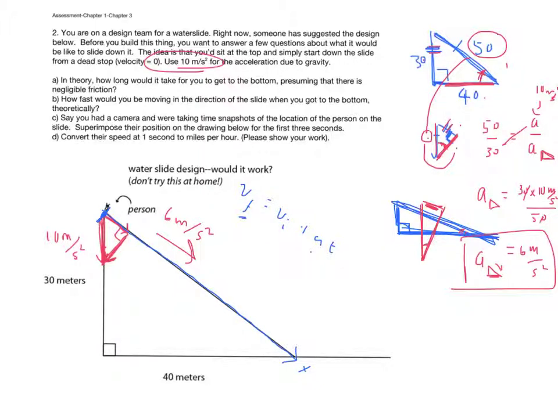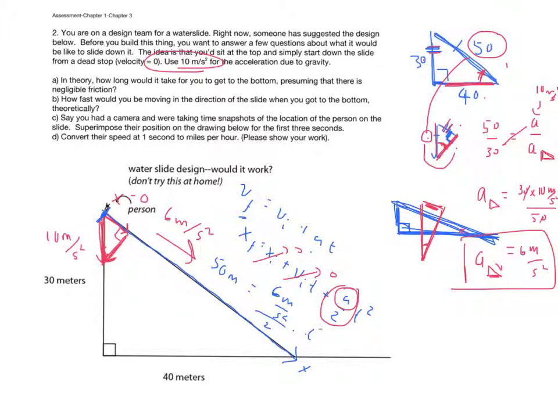We do know the distance, so x final equals x initial plus v initial t plus a over 2 t squared. The initial distance is 0, the initial velocity is 0, and the acceleration is 6 meters per second squared. So the final distance, 50 meters, equals 6 meters per second squared divided by 2 times t squared.